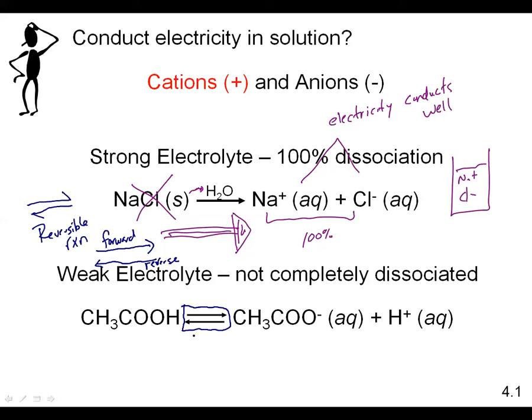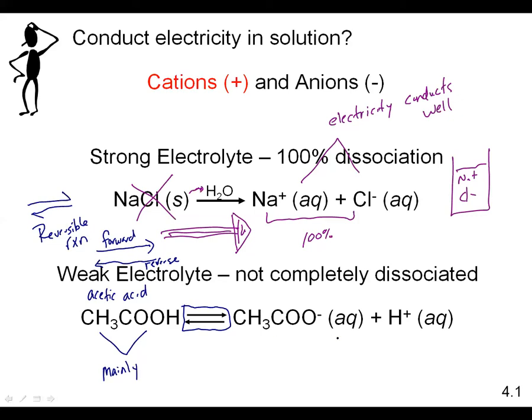Something like this, which by the way is acetic acid, basically the acid in vinegar. When we take something like acetic acid, which is a weak acid and also a weak electrolyte, what we mainly have in the solution is this molecule still together.